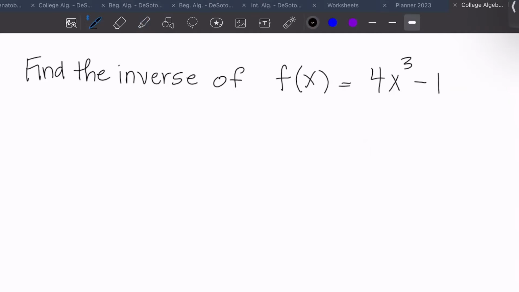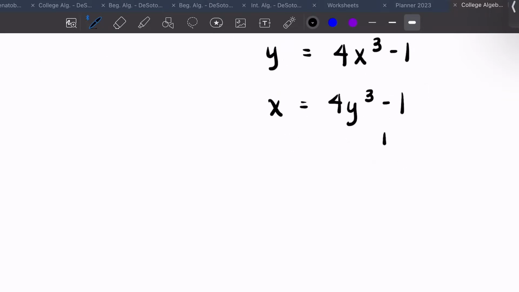So now we have a cubed running around. So let's see what that does. First step is to write y equals instead of f of x. Then we're going to interchange x and y. Then we're going to solve for y. So we're going to add 1.